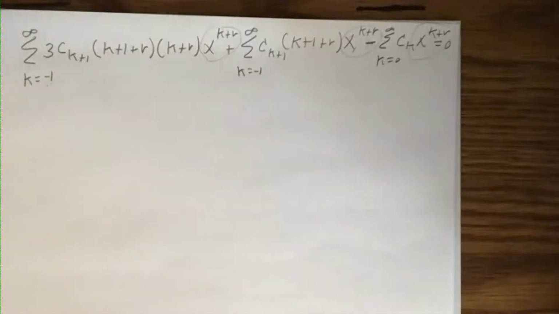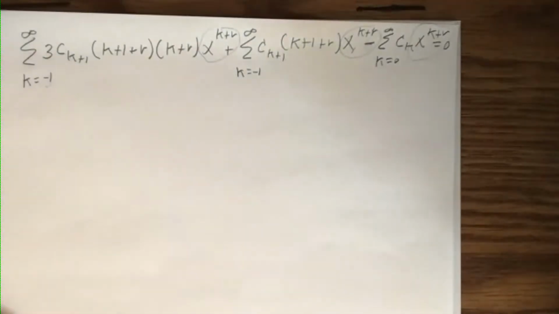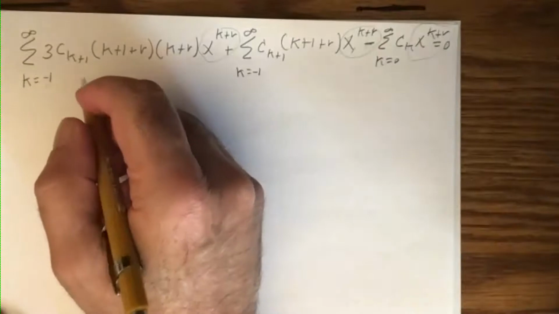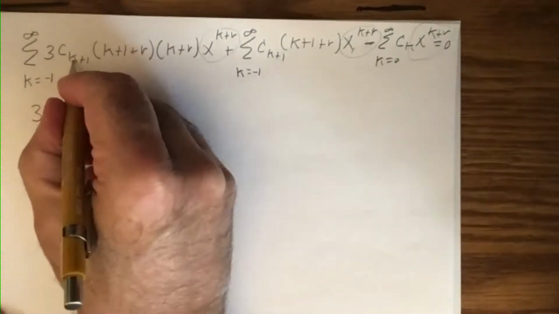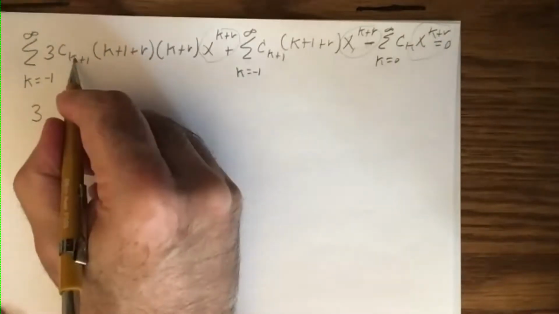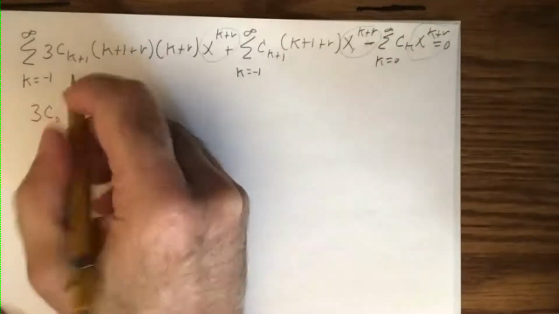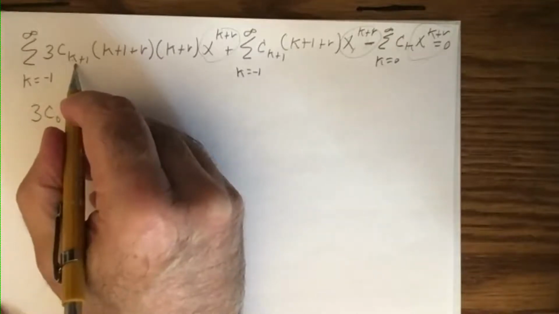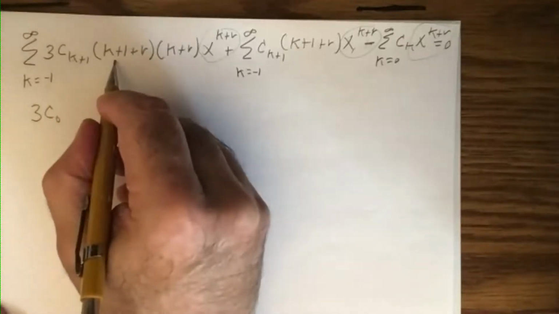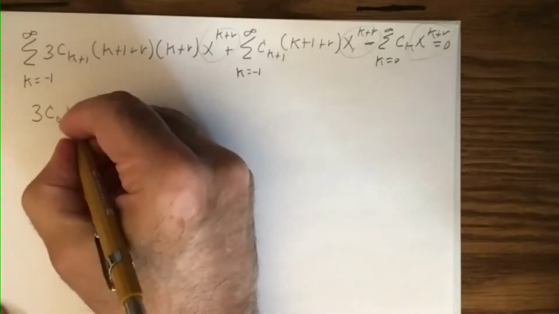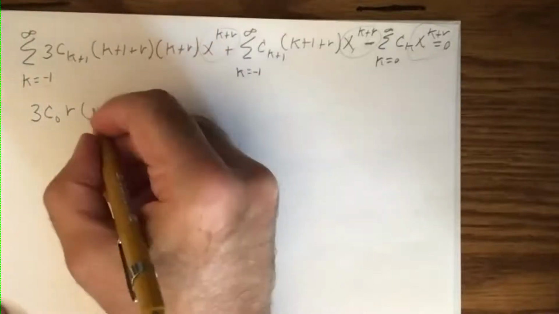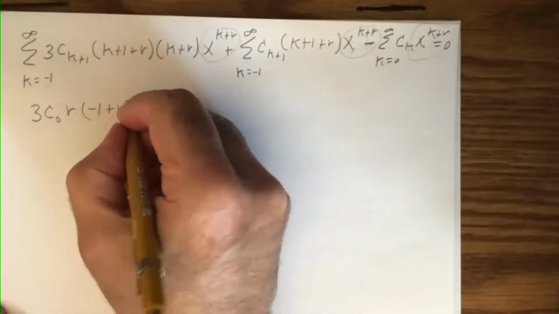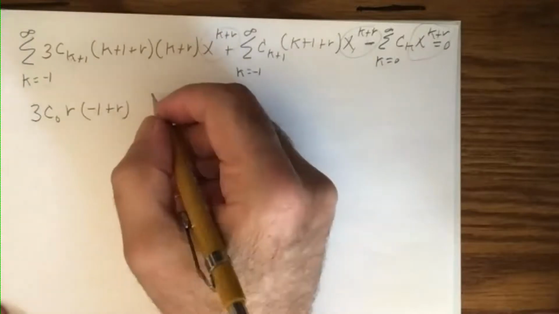All right, so let's see. I'm going to write out the first term. So this is going to give me a 3. Now, when I put -1 in here, this is going to be c0. When I put -1 here, it's going to give me an r. Put -1 in here, this is going to give me a -1 plus r.